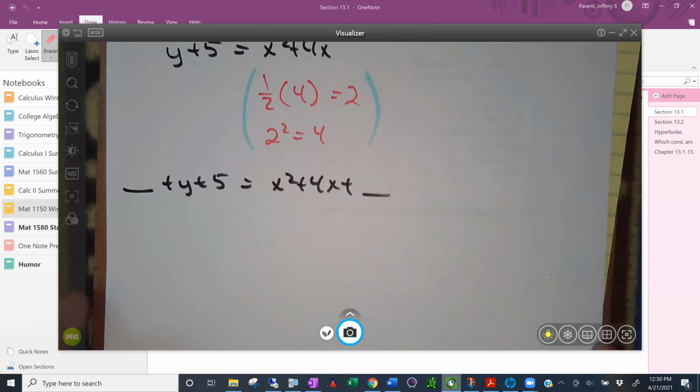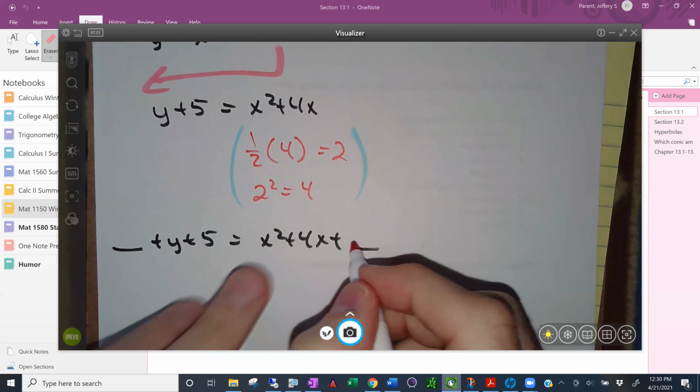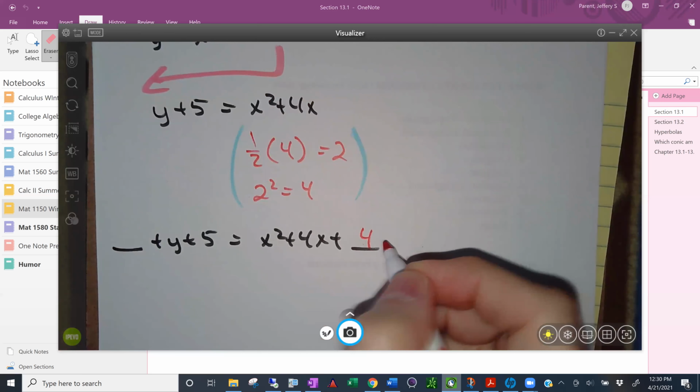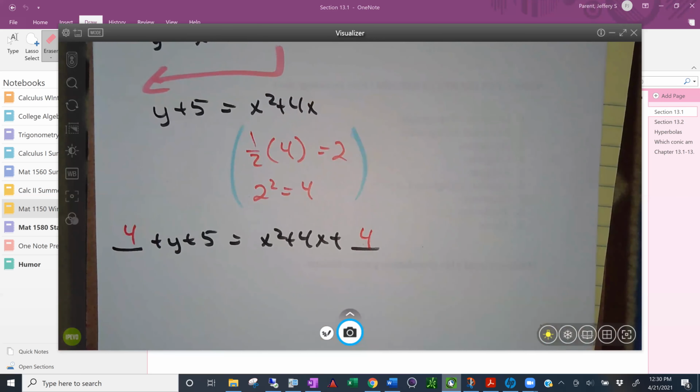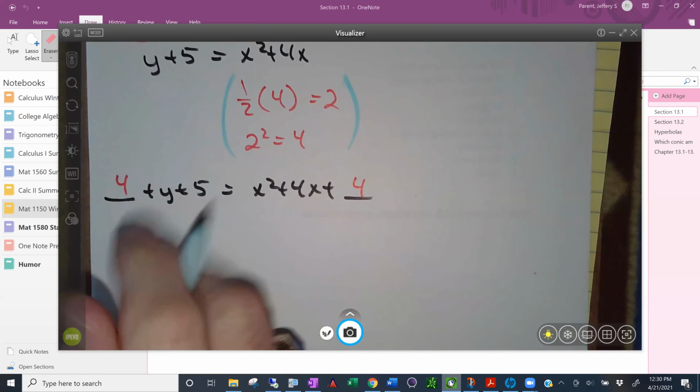So let's put that in. This is x squared plus 4x plus 4. If I put a 4 there, I've got to put a 4 here. Both of these sides can be simplified. 4 plus 5 gives me 9.